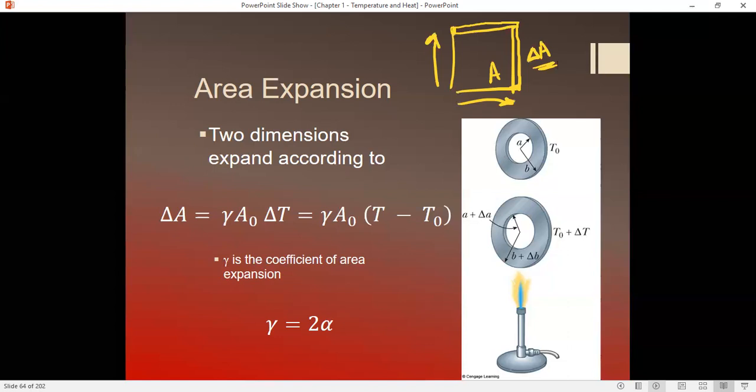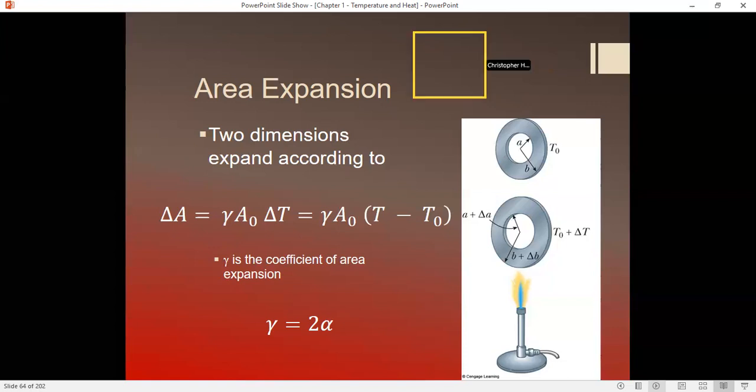Now, I can convince you geometrically, okay? Let me draw this as precisely as possible. I can convince you geometrically that if this is my area right here, I'm going to start out with a square, and now I'm going to add extra length in this direction and extra length in this direction.